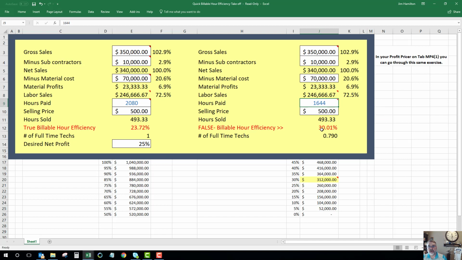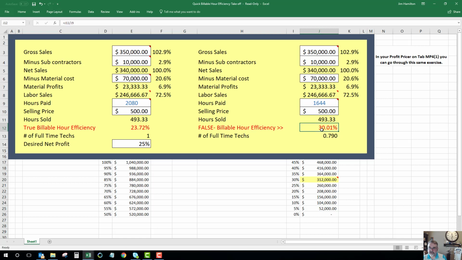But that's not how we build our selling price. We build our selling price based off of 2,080 hours a year per technician, not 1,644 or 1,213, whatever your number is. So you always have to divide your number of hours sold. They're the same number of hours sold in both scenarios because it's just math.